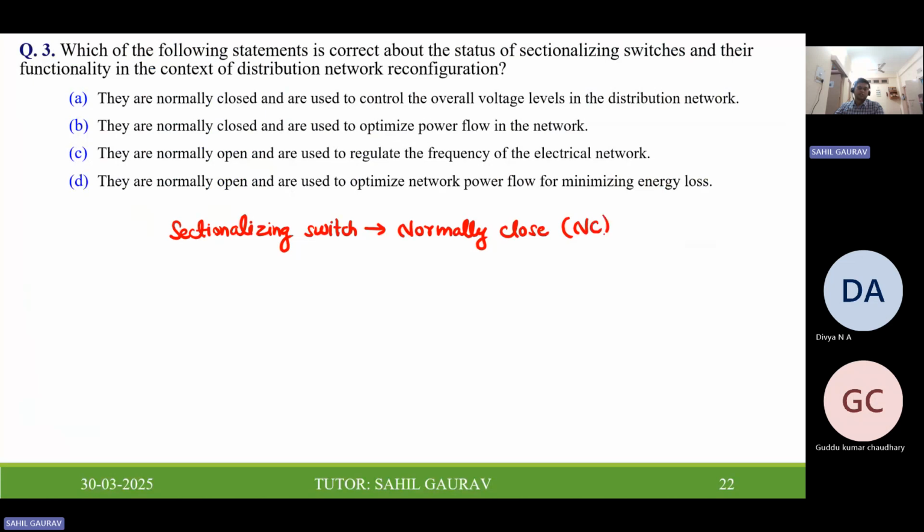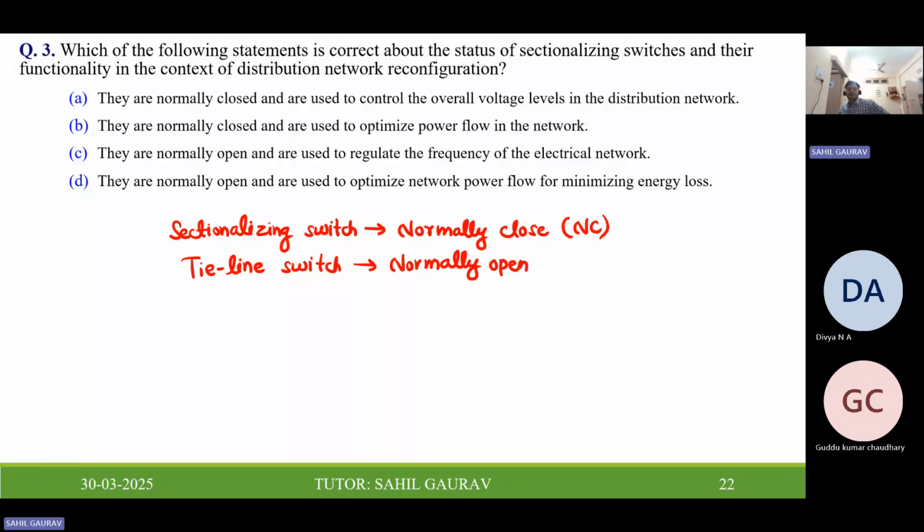Normally closed means NC type, while tie line switches are normally open. We have seen their operation also.